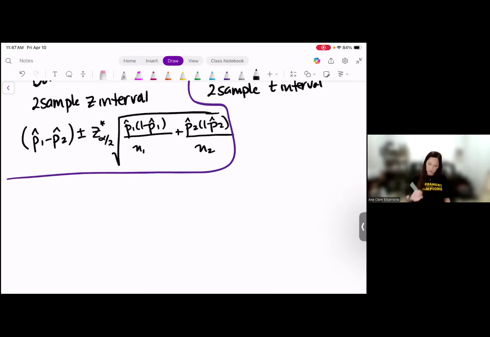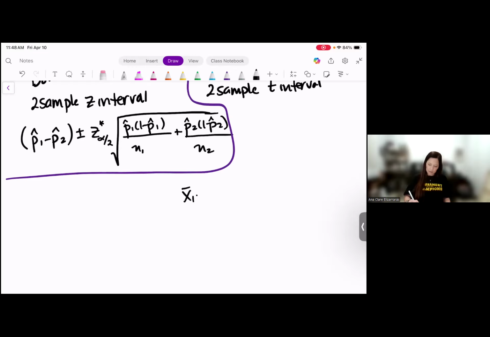For a t interval, instead of p hats, we're dealing with x bar. So we have x bar 1 minus x bar 2, plus or minus a t critical value at alpha over 2. But in this case, before we had standard deviation divided by the square root of n. Now we need to add together the variability like you do in the proportions.